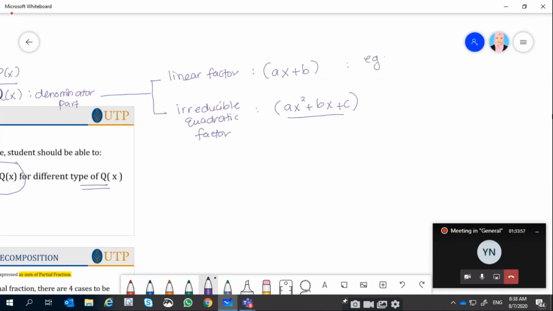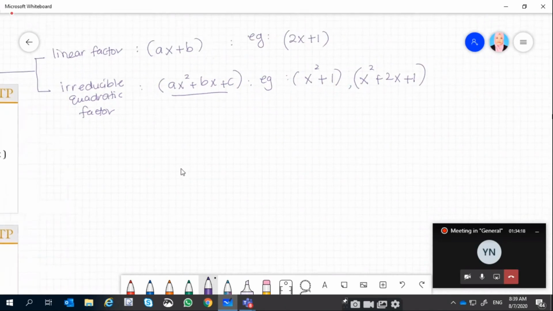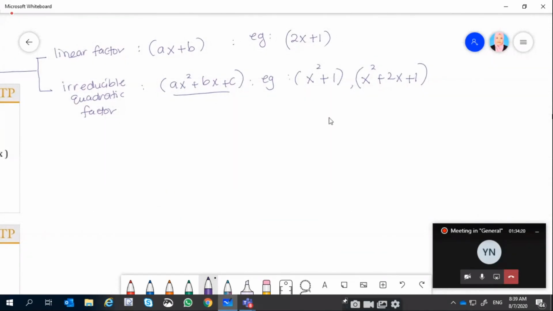Maybe I can give an example. For a linear factor, 2s plus 1, for example, and for an irreducible quadratic factor, s square plus 1, or maybe s square plus 2s plus 1. These are examples of irreducible quadratic factors that you cannot reduce into other factors.